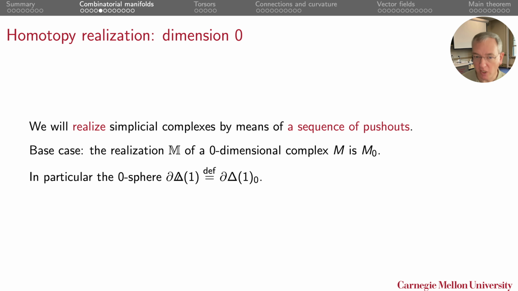M is just its set of vertices M_0. So in particular, the 0 sphere, which will be written with this blackboard bold delta, is just the set of those 2 points in boundary of delta of 1. So delta of 1 was the interval. Its boundary was a 0 sphere with 2 points, and that's all it is as a higher type as well. It's just a set.